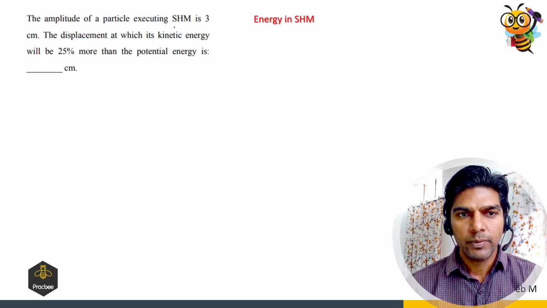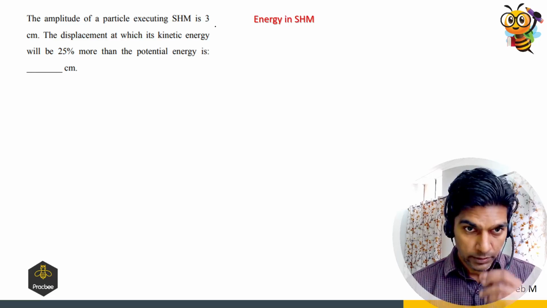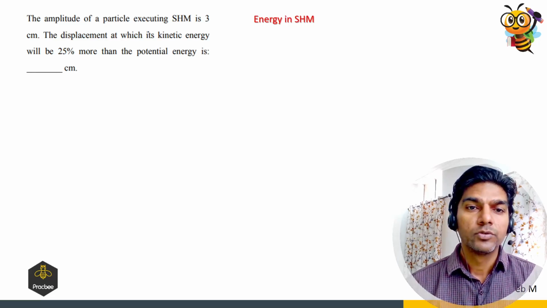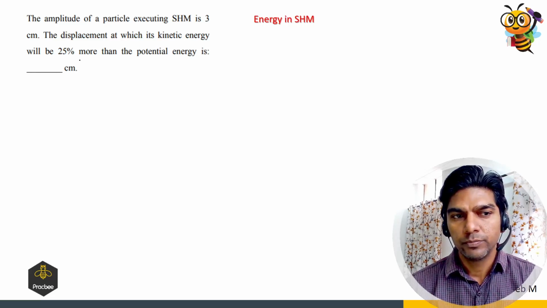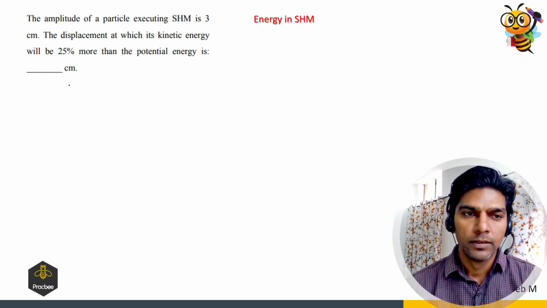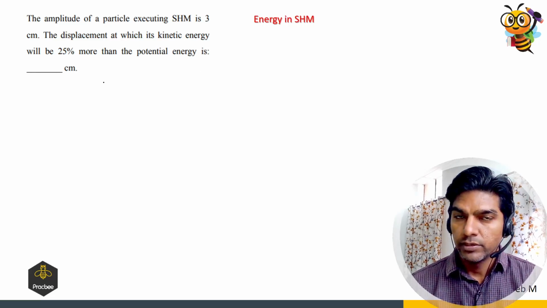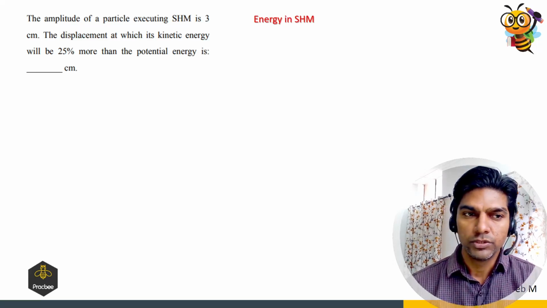The amplitude of the particle executing simple harmonic motion is 3 centimeter. So amplitude is 3 centimeter, and we need the displacement at which its kinetic energy will be 25% more than the potential energy. Again, I'm assuming that the potential energy is 0 at the mean position.